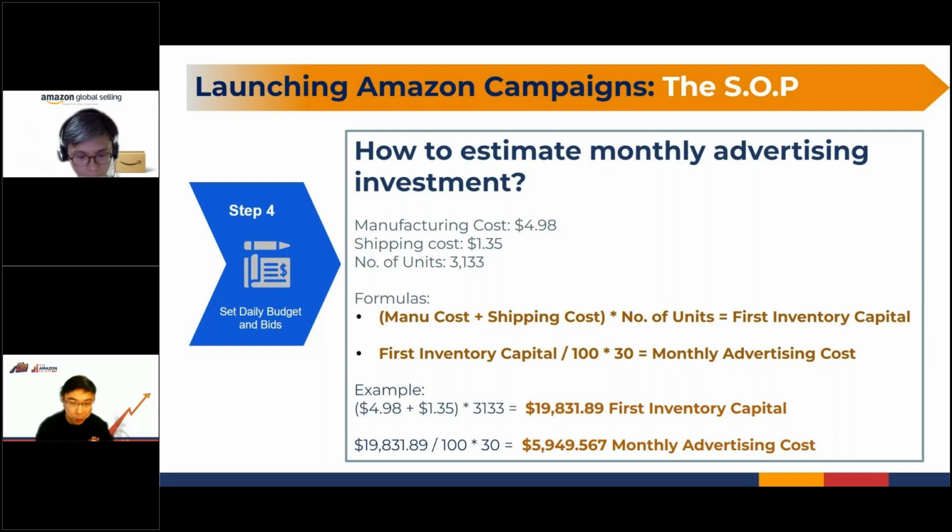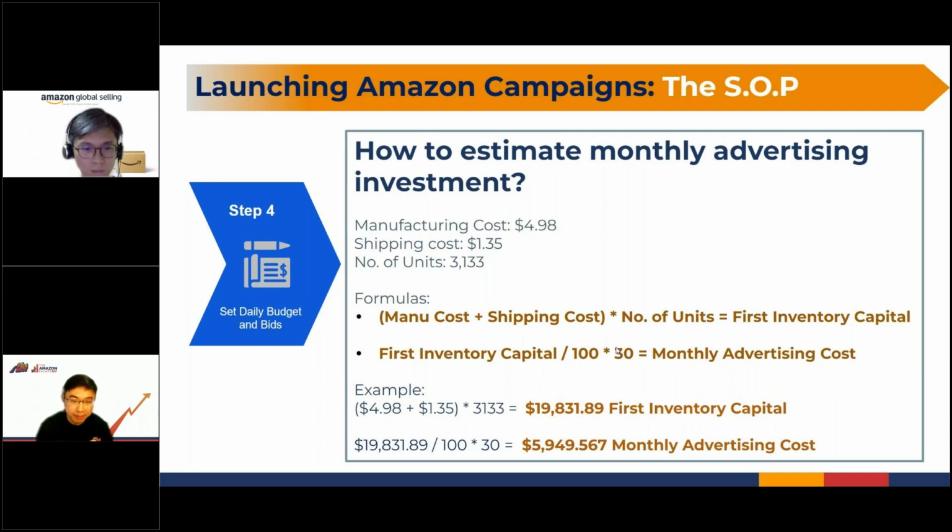Okay, so based on this 100-day metric, the formula will be to calculate the total cost that I spend on my first inventory capital. Basically, this is the money I spend to my suppliers and to my freight forwarders to send our products to Amazon. Then this first capital divided by 100, because remember, this is based on 100 days of sales velocity.